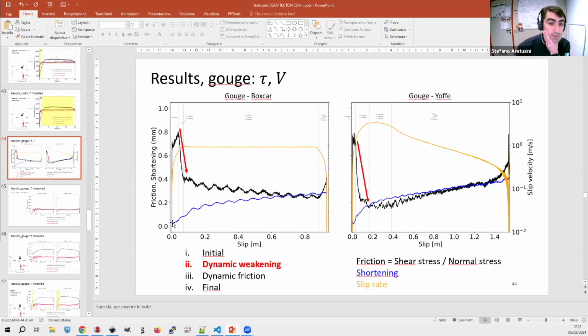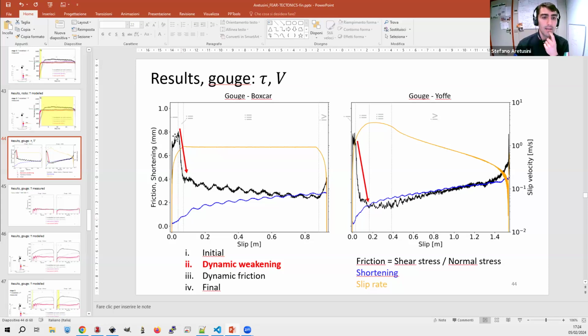On top of this, there are several works from Pozzi, for example, or Smith, in which if you stop the experiment at several points here and run microstructural analysis, you can see that localization takes some time, even when slip rates are so high. So it's not really an instantaneous process.